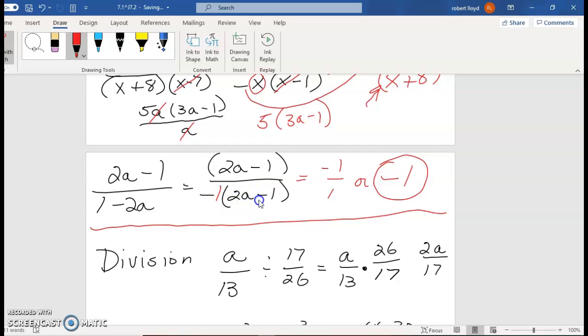If we distribute this back, we'd be right where we started. So now we can cancel what's common, numerator and denominator, and we'll get negative 1 over 1, or just negative 1. And I'm going to pick the division up in another video.